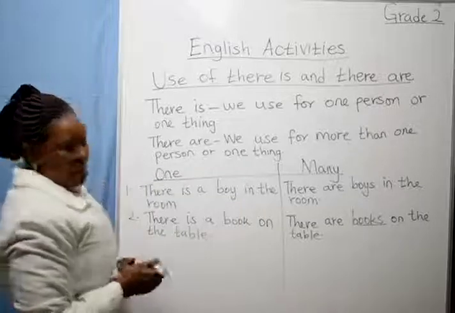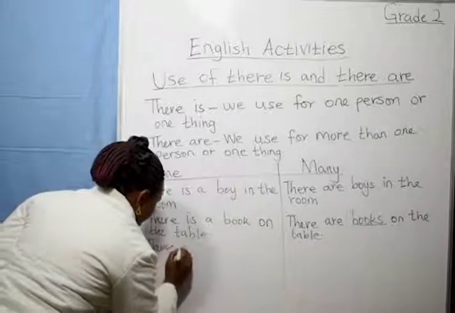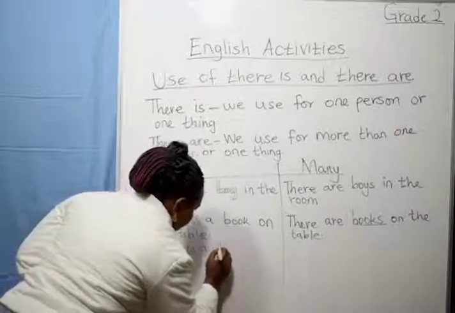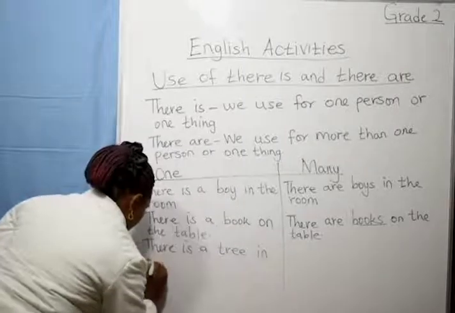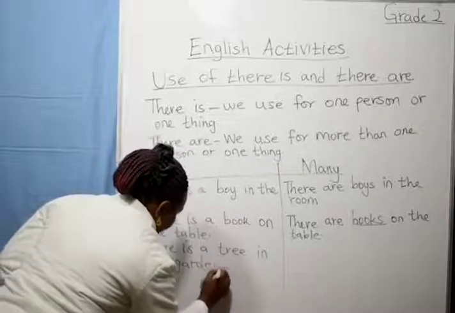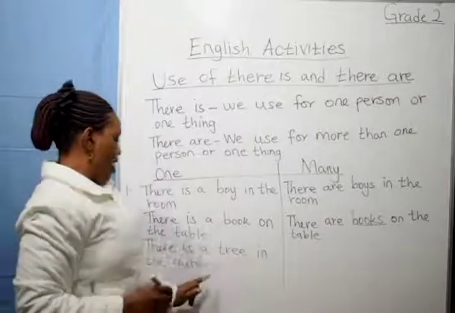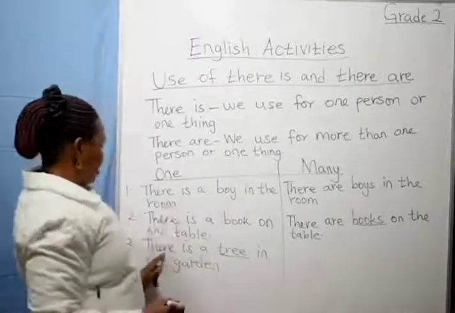There is a tree in the garden. We are talking about one tree here. We use there is.